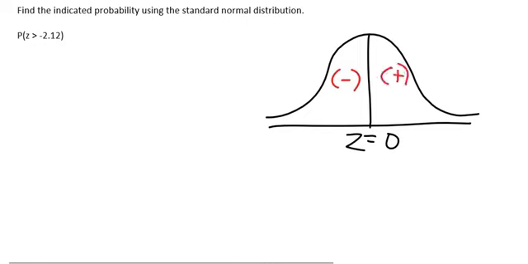So let's graph on our normal curve z equals negative 2.12, which would be about right here. Now, as long as z is on the left side, we can use the arrow to figure out which direction to shade. Notice that the arrow is pointing to the right, so we'll shade to the right.